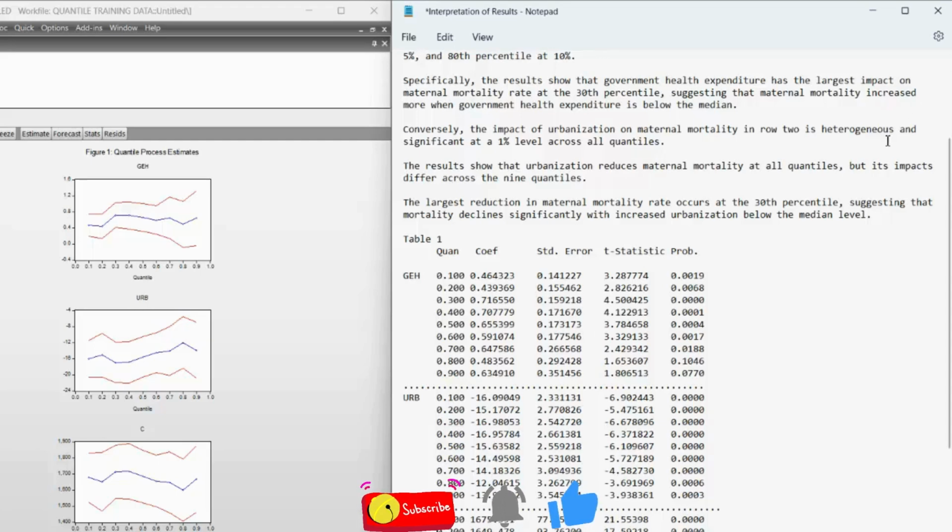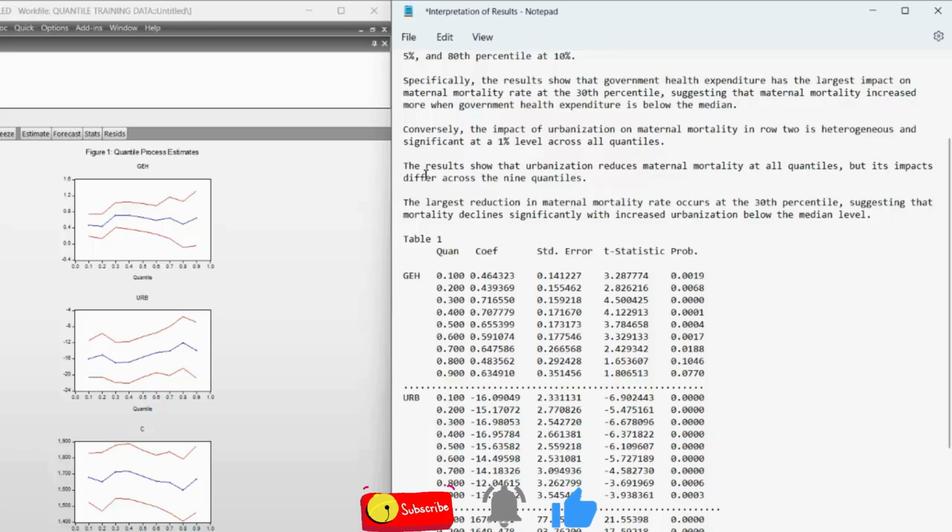And significance at 1%: this probability value tells us that the results are significant at 1% across all quantiles. If you look at the 10th to 90th quantile, the probability value is less than 1%. So that's why we say the impact is negative and significant at 1% across all the quantiles.